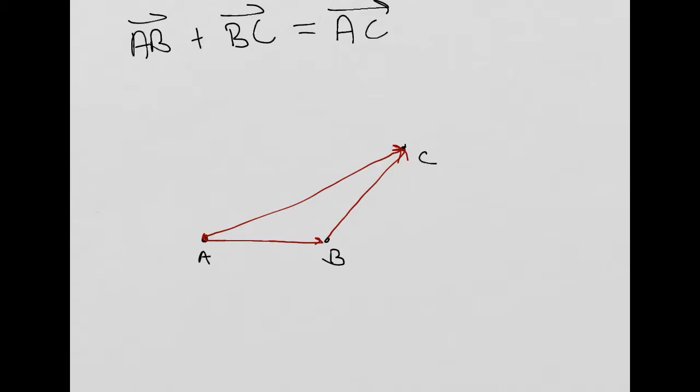If I don't have 2 vectors that are lined up like that, where I've got A to B and B to C, suppose I just have 2 arbitrary vectors. Let's call them U and V. So these are vectors.